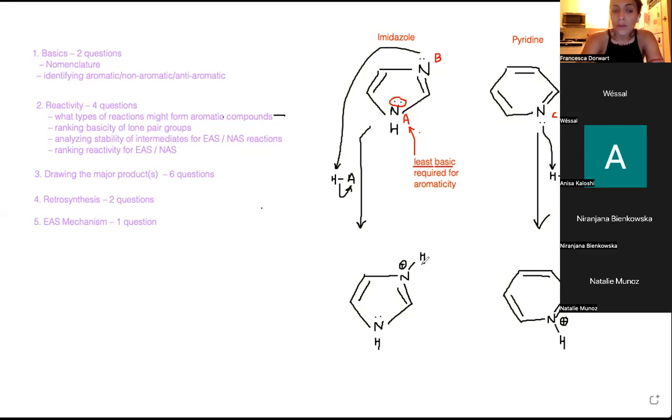Are there any resonance structures I can draw that could possibly help me stabilize or neutralize this positive charge? What could I do for these structures? Because they're different, they're going to have different resonance. Let's figure out what the resonance is so we can validate what's more stable.